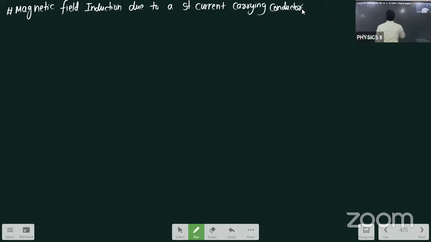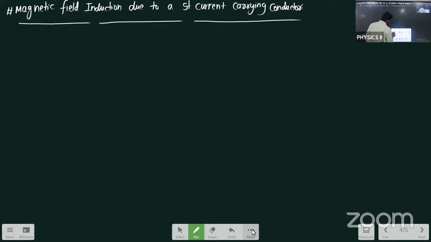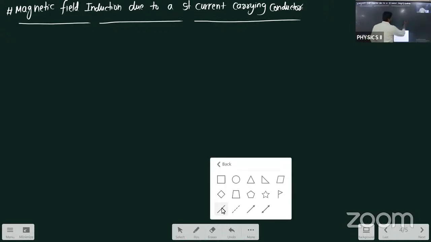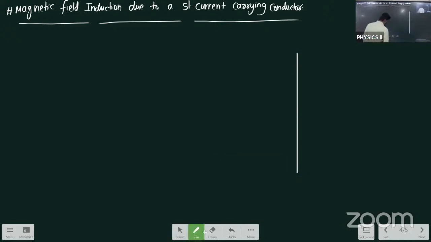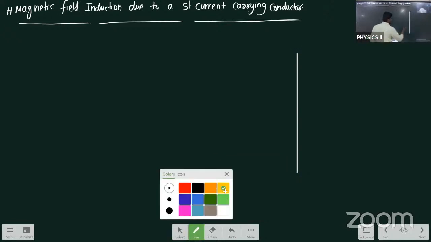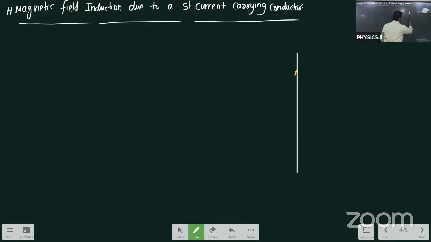So let us consider a straight current carrying conductor. So this is a straight conductor through which some current I is flowing.